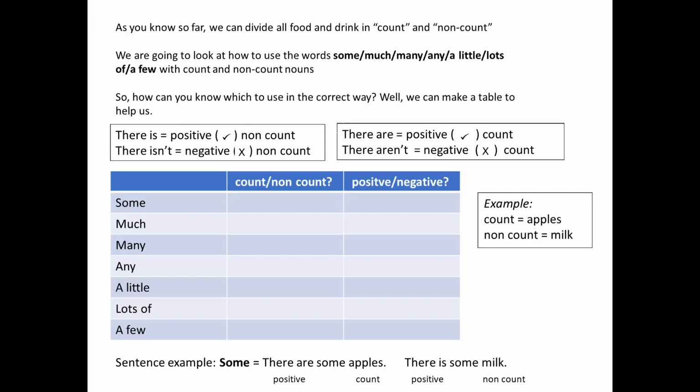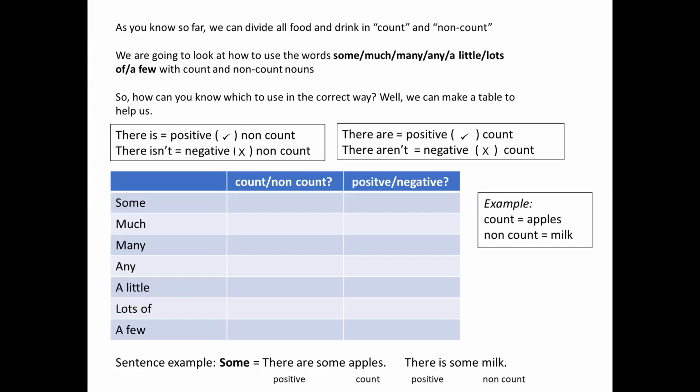Now take a look to the right of your screen, and there's a small box and it says example. I will use apples for my count example and milk as my non-count example. Now take a look at the blue table. The first word is some.